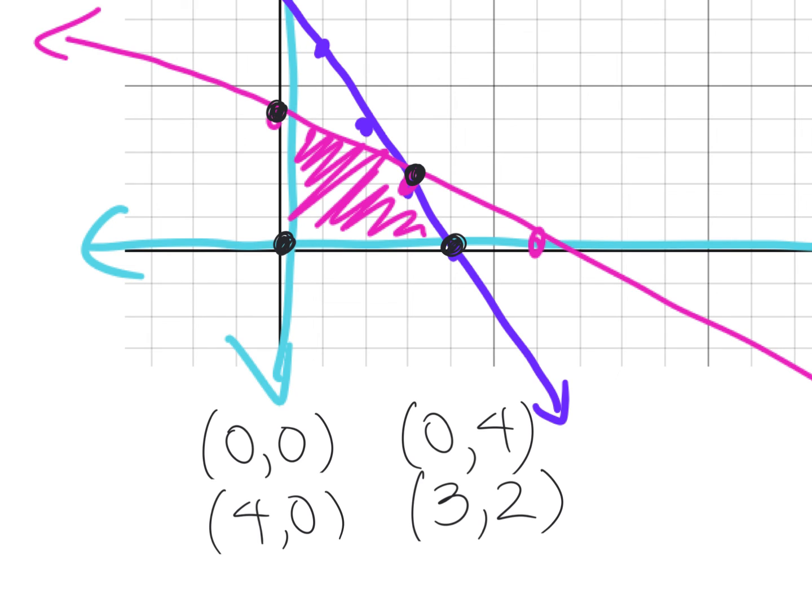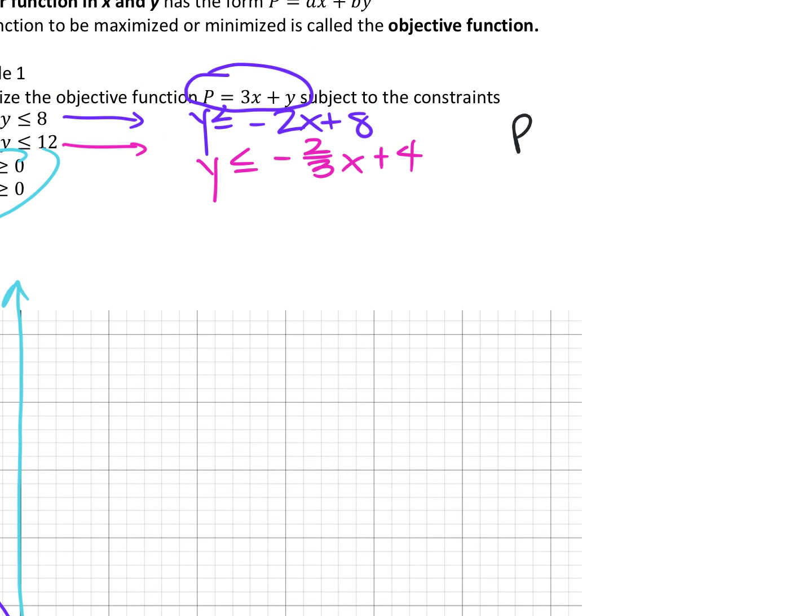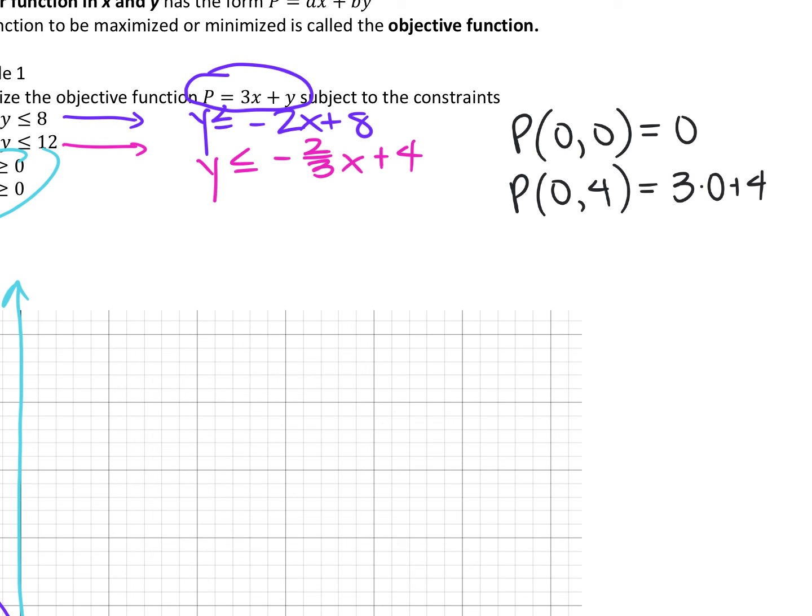Nope. Okay, so we write down our points from our 4 corners, and then you plug them into the P function. So P of 0, 0 is obviously going to give me 0. P of 0, comma 4 is going to be 3 times 0 plus 4, or 4.